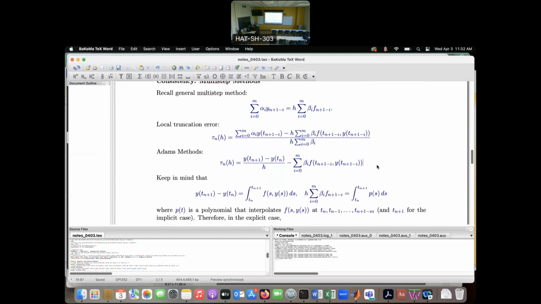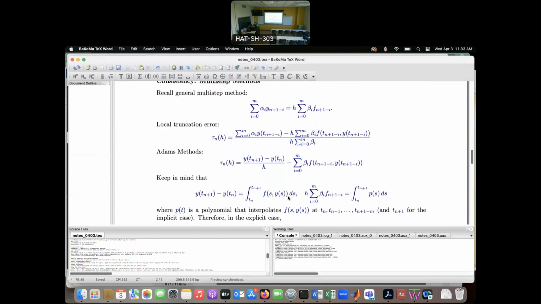But then if we keep in mind how the betas for Adams methods were described, remember that this part here, y at t_{n+1} minus y at t_n, is from the integral form of the ODE, this integral.